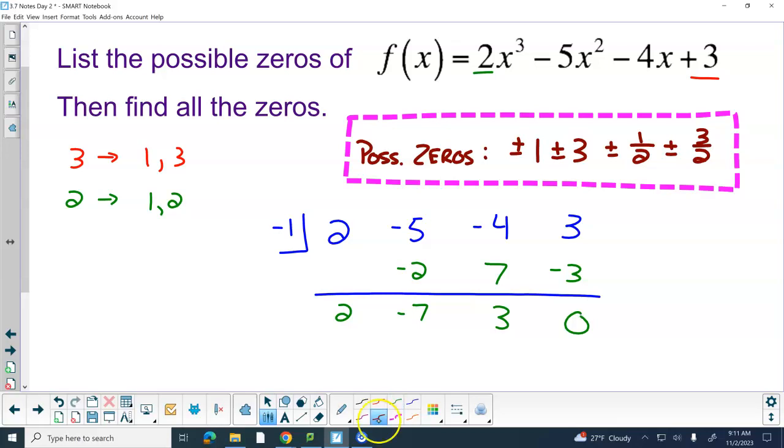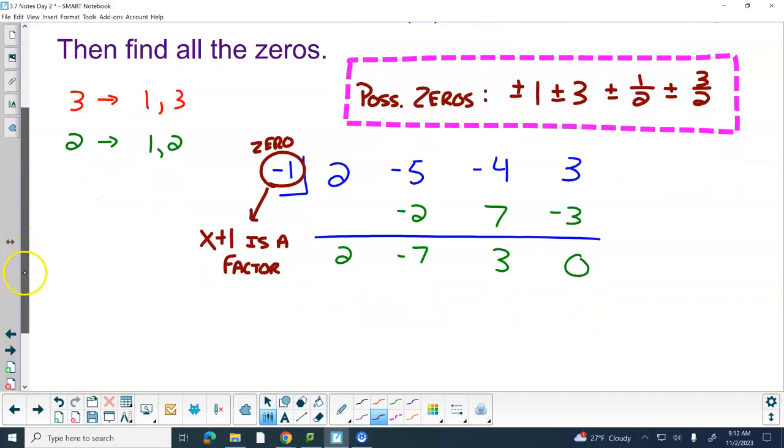So -1 is a 0, which means that x plus 1 is a factor. Okay.